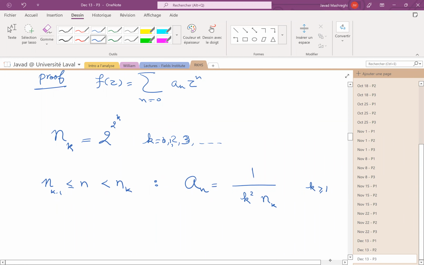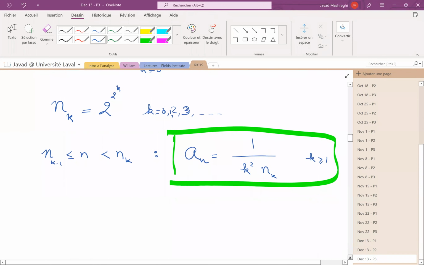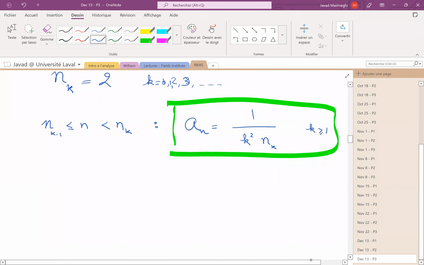So in very large gaps, a_n is fixed. It's given by this fixed number, but it's well defined in the following sense. I don't give all the details because they are simple calculations, but I invite you to fill the gaps.